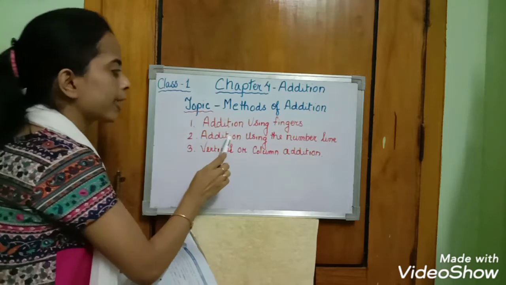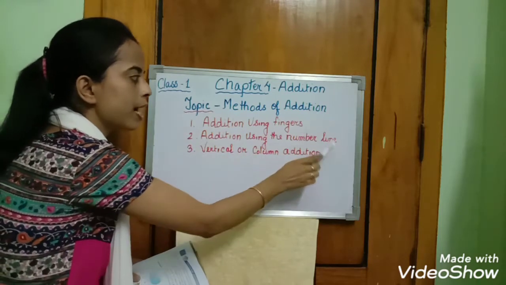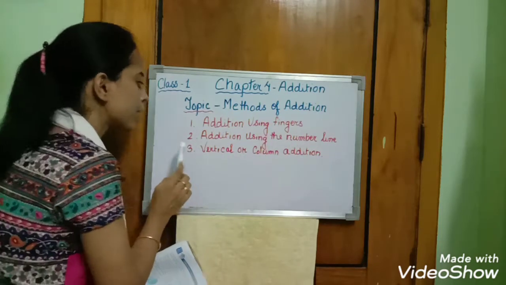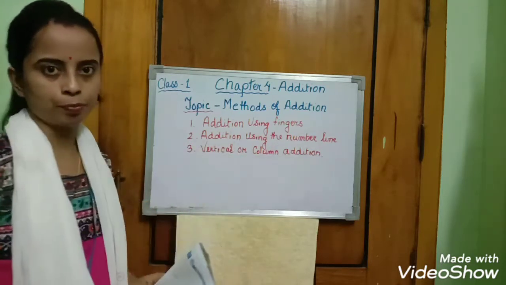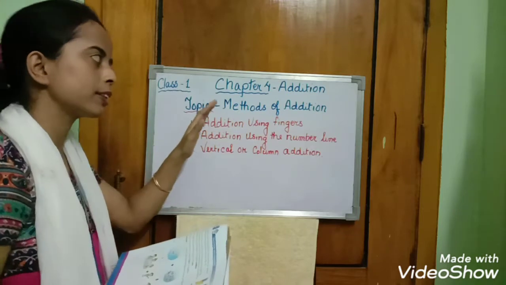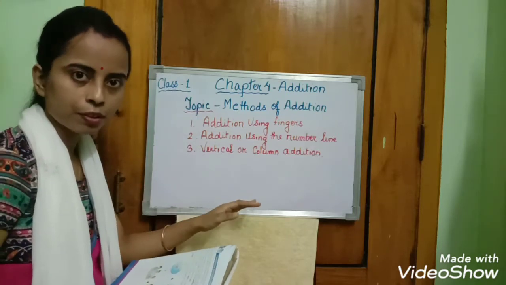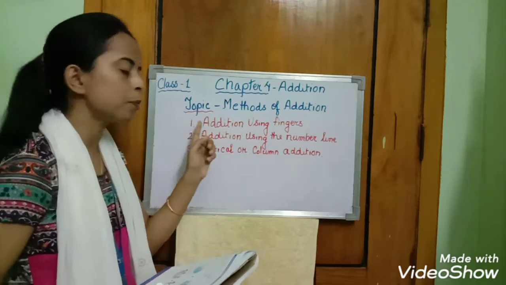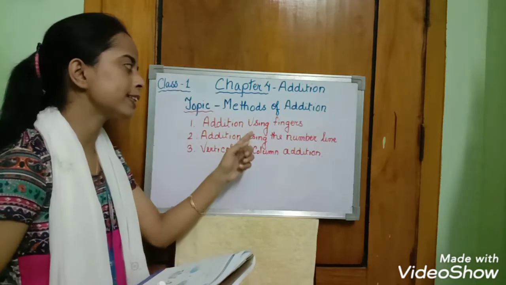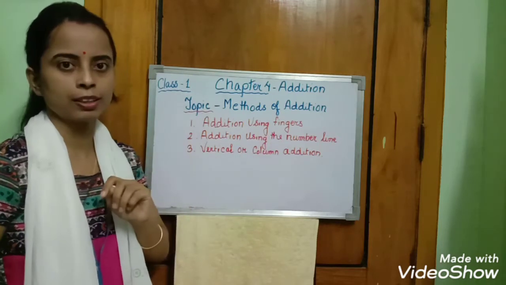Second, addition using the number line. Third, vertical or column addition. So, three methods are given. But today, I'll be starting number 1, that is addition using fingers.